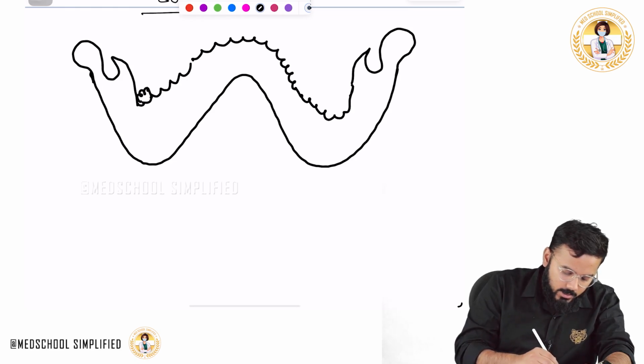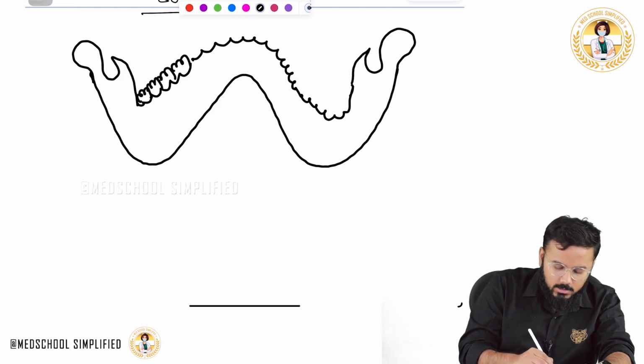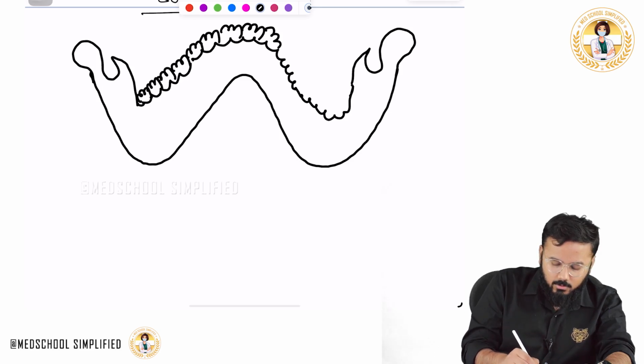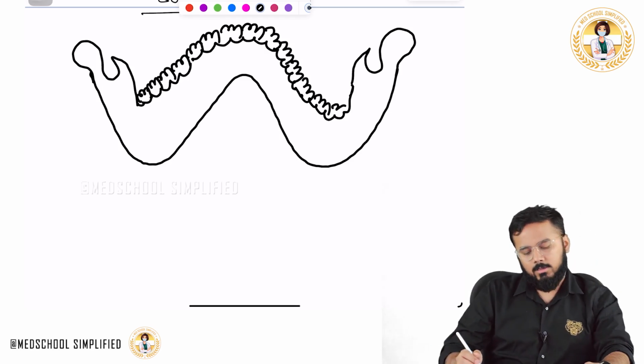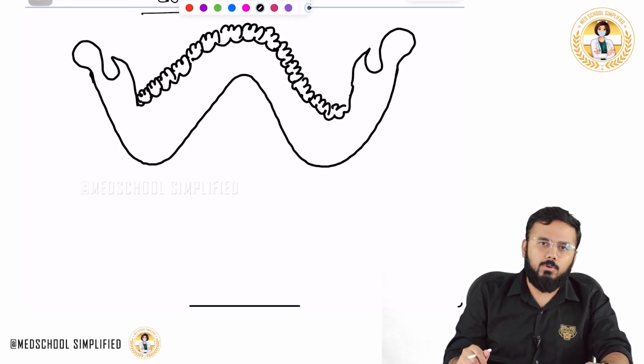Here we have got these teeth. These teeth are called your mandibular teeth. All of you know that these are your mandibular teeth like this. So this is the inferior surface of your mandible.